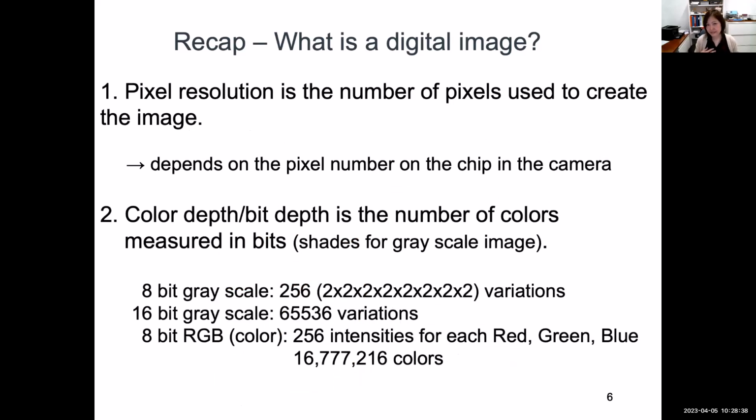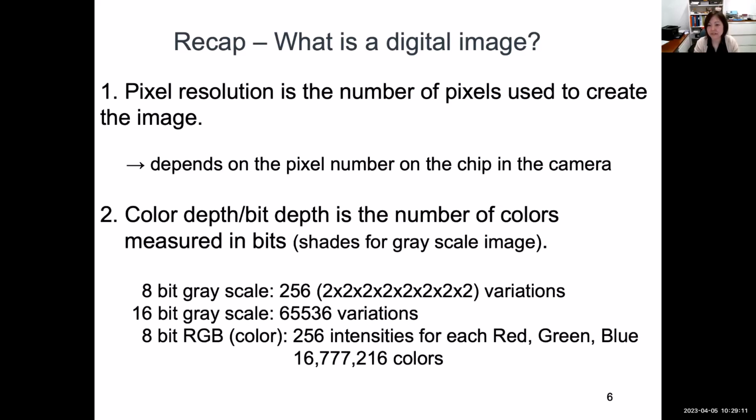When we look at a digital image, we always look at how many pixels are used to create one image. This depends on the pixel number on the chip in a CCD or CMOS camera attached to the microscopy system. More pixels means higher pixel resolution. The second is the color depth, or bit depth, which is the number of colors measured in bits.